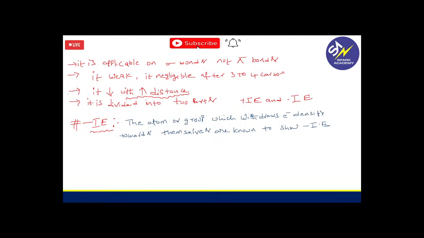Higher electronegative groups have minus IE power.